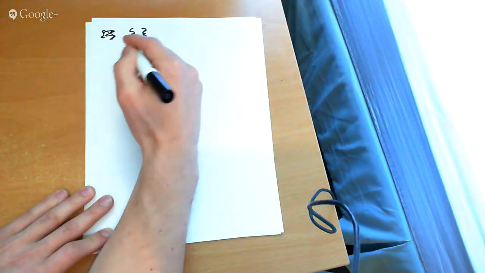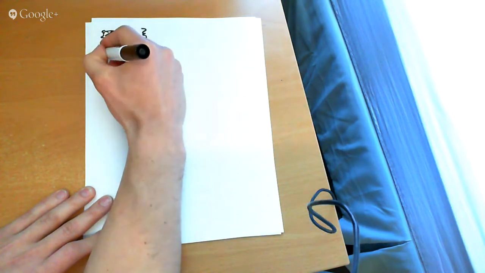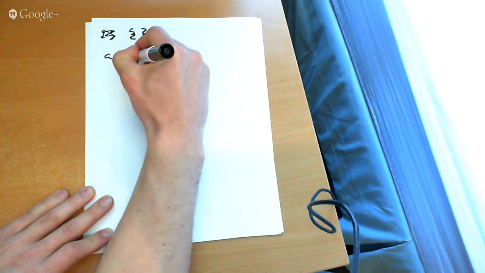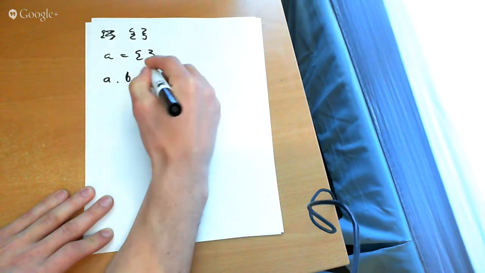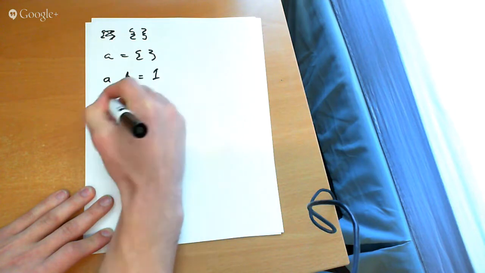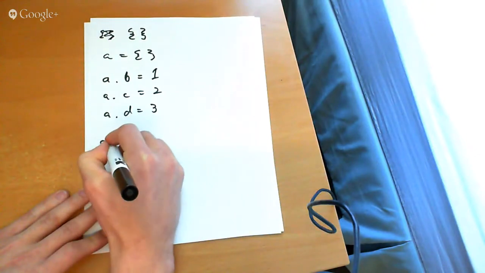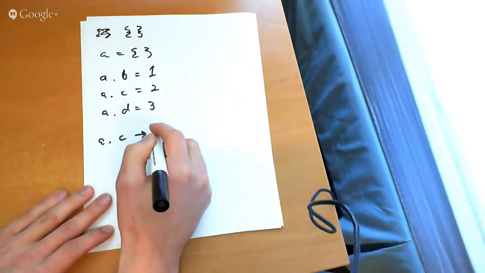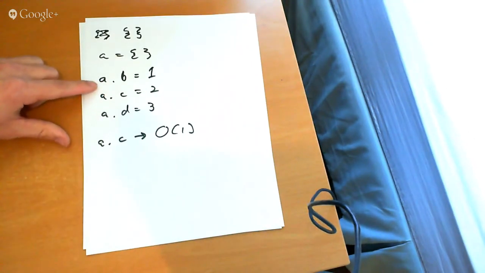When I say very fast, I mean if I create an object, A equals an object, and I do A dot B equals 1, A dot C equals 2, and A dot D equals 3. If I do A dot C, it will give me back the value of A dot C in what's counted as an order 1 operation. It doesn't matter how many properties I'm adding here.